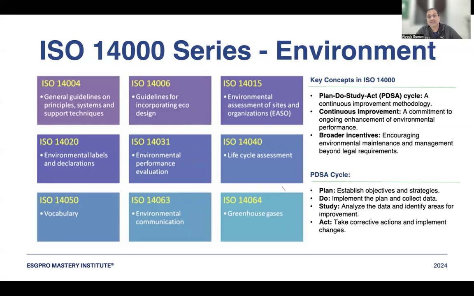While 14015, if you look into that, talks about assessment of sites, right? So environmental impact assessment, sometimes from 14001, also takes some part of 14015, because the environmental assessment of sites and organizations is what this document carries.